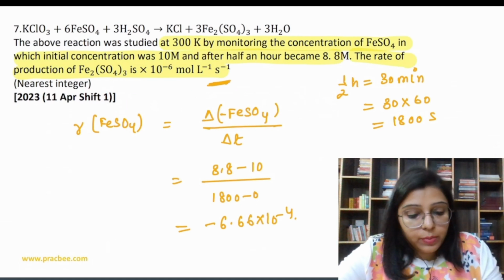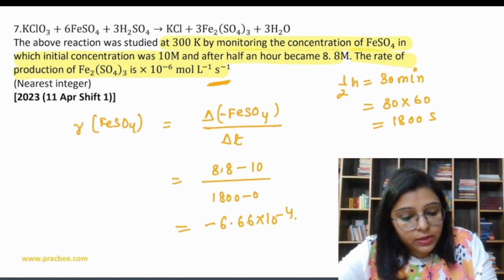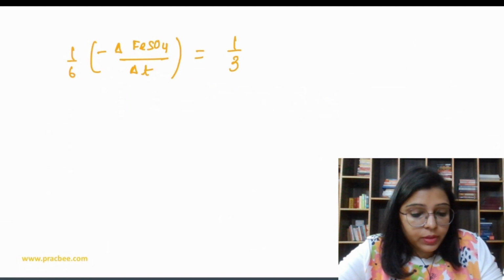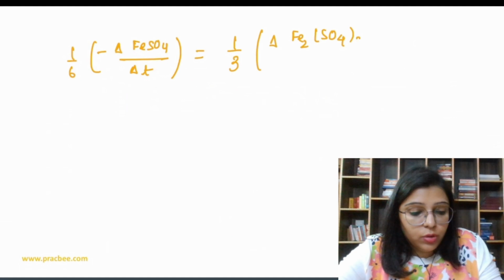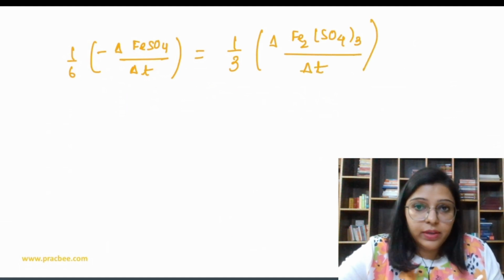Now what I'm going to do, I'm going to relate FeSO4 and Fe2(SO4) whole thrice. So it means we can say 1 by 6 minus delta of FeSO4 upon delta T is equal to 1 by 3 delta of Fe2(SO4) whole thrice upon delta T. Okay, this we can write.